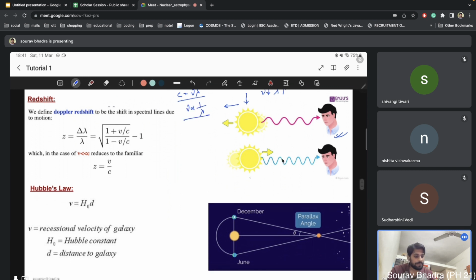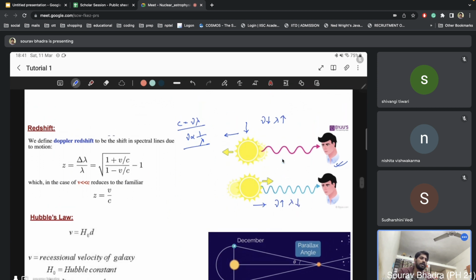Similarly, if the source of the light or electromagnetic wave comes towards you, then the frequency nu increases, which means lambda decreases. This is the classical case of redshift and blueshift. Lambda increasing means the wavelength is increasing, and the maximum wavelength of light in the optical spectrum, which we can see, is red.